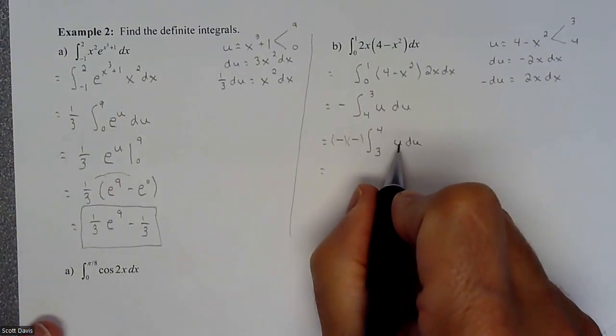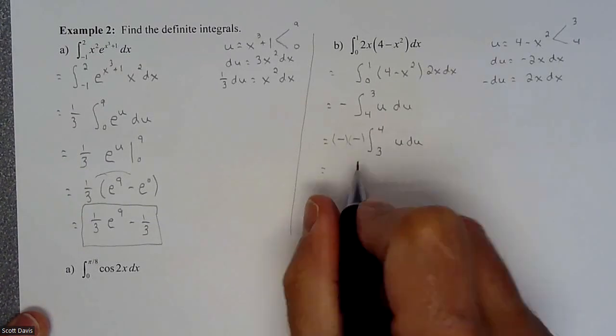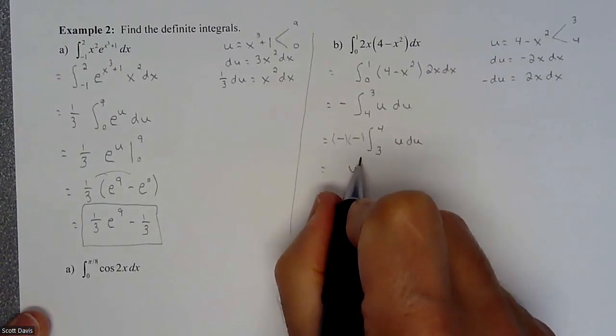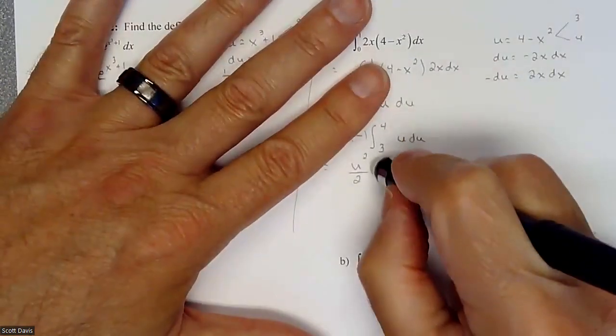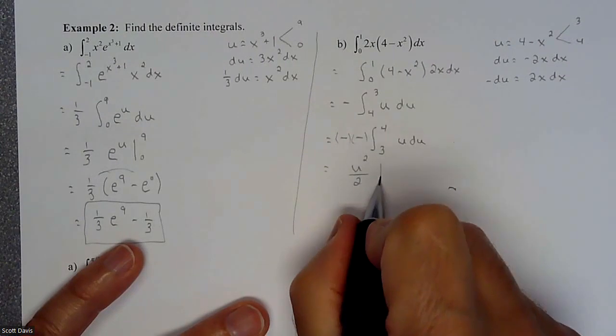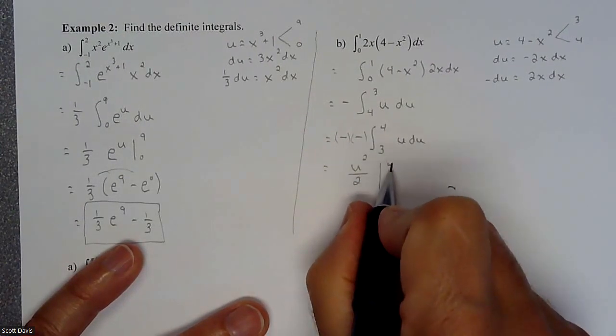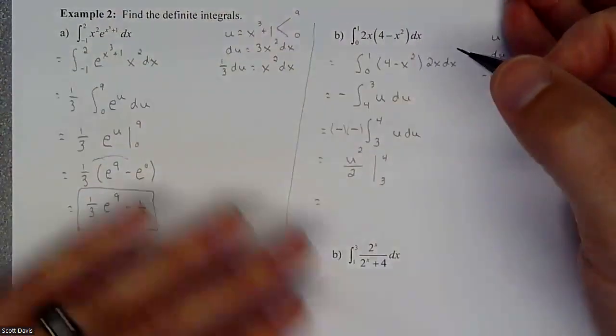The antiderivative of u, we're going to add a power, divide by that power. So we're going to have u to the second over 2 from 3 to 4. And now we'll plug in our stuff. Let's get our final answer here.